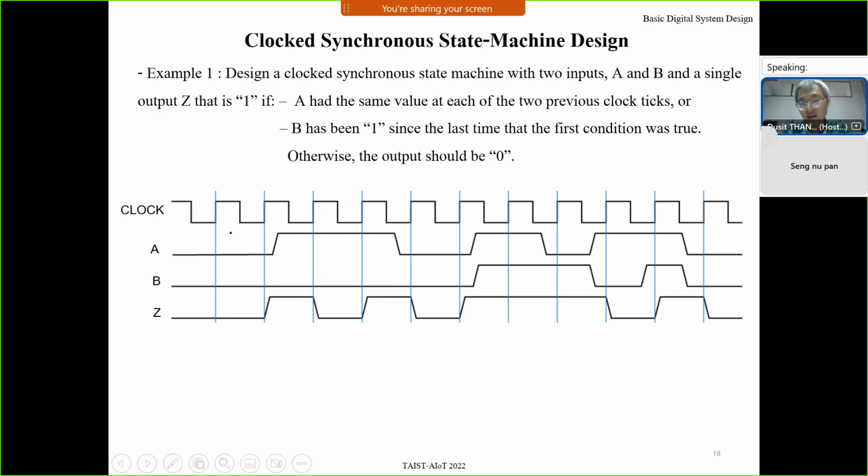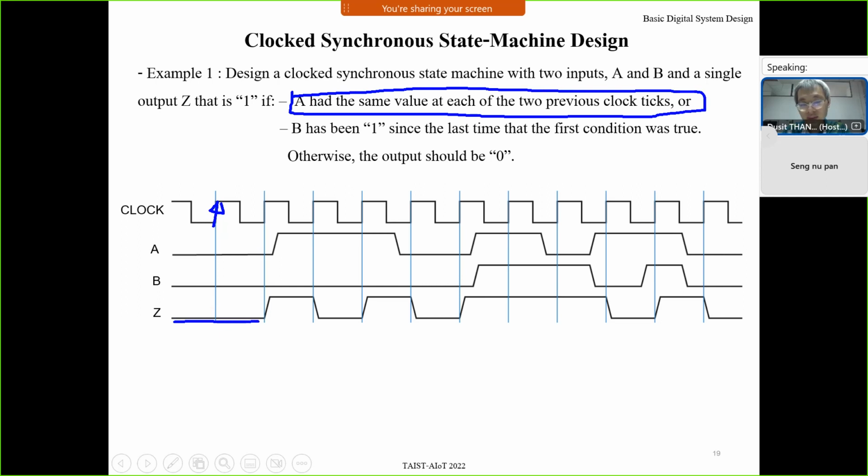So let's consider from the beginning. At the beginning, assume output Z is 0, because there is no clock tick at the beginning. For the first clock tick, this condition is still not true. That means output is still 0, right? And when the clock ticks now, the previous one is 0, right? At this time it is 0.